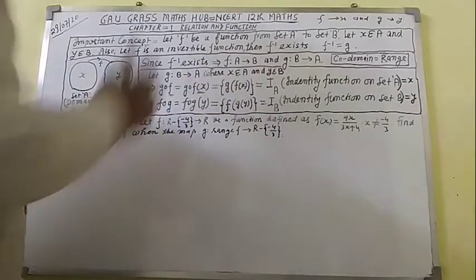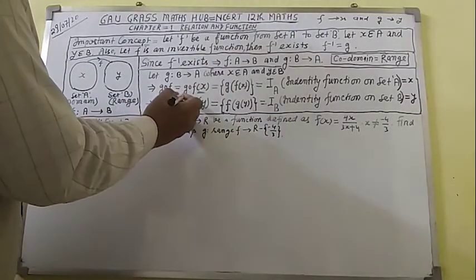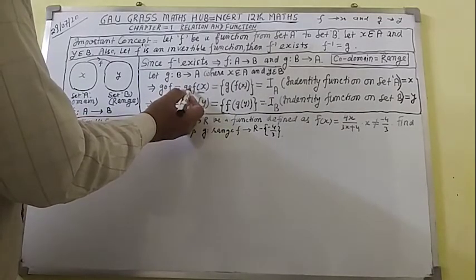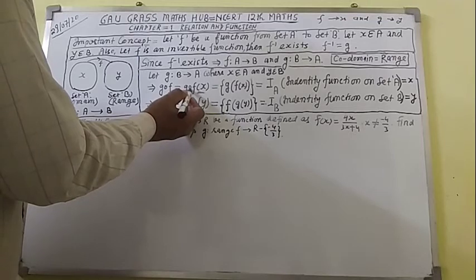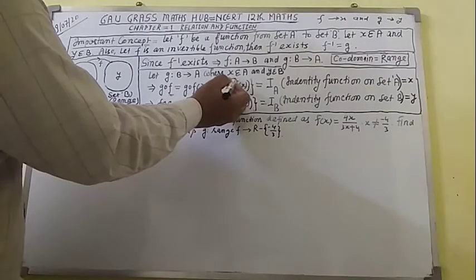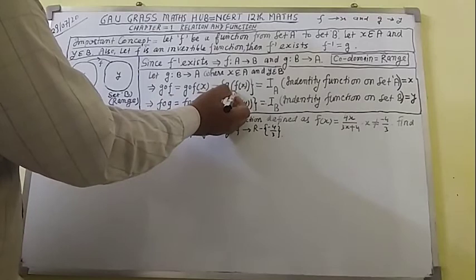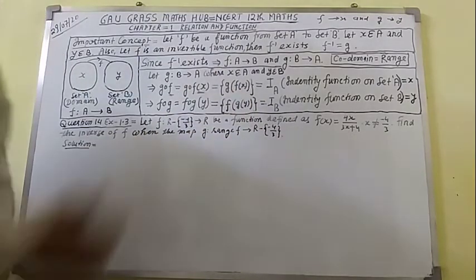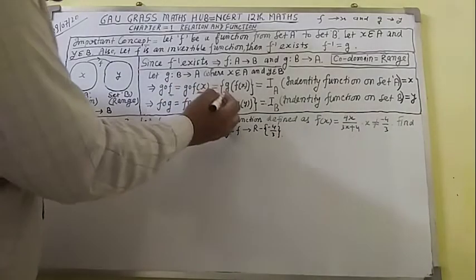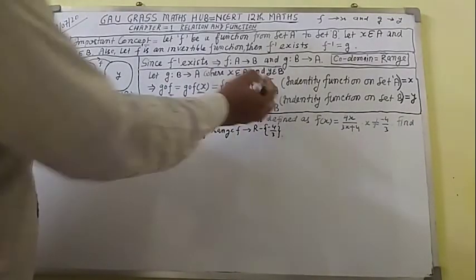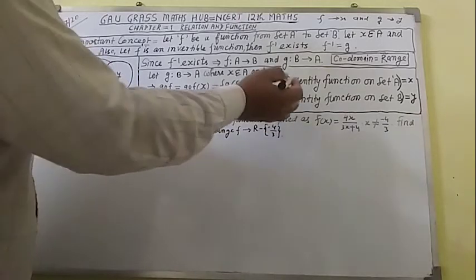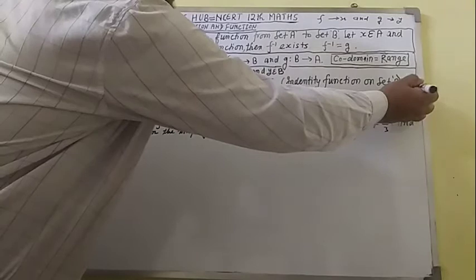Now equal to, here g is there, first letter, write here g. This small o will be converted into circle bracket. So here I have written a circle bracket. In the bracket, write here f(x). The g of f(x) will be equal to the identity function on set A, that will be equal to x.